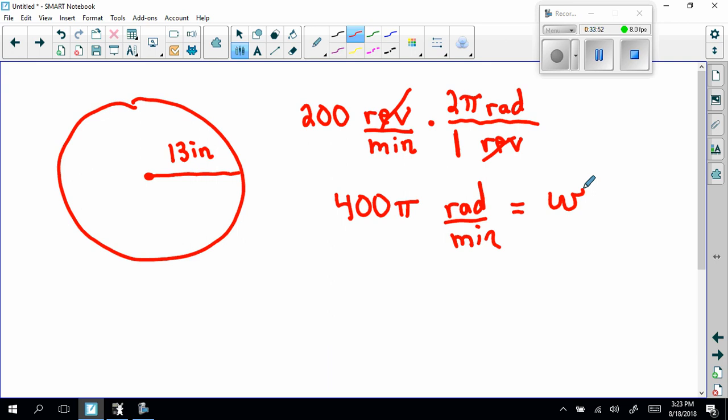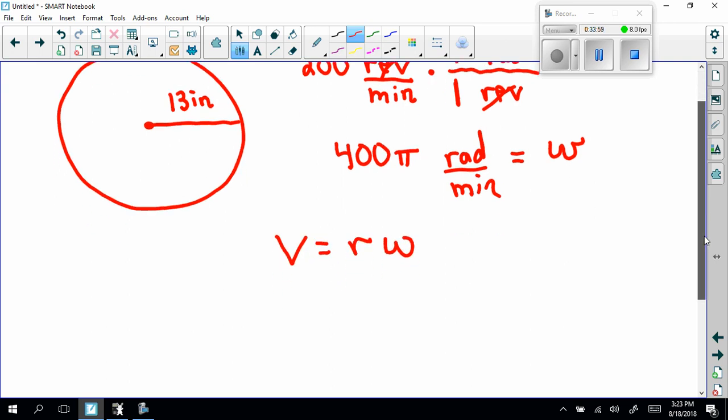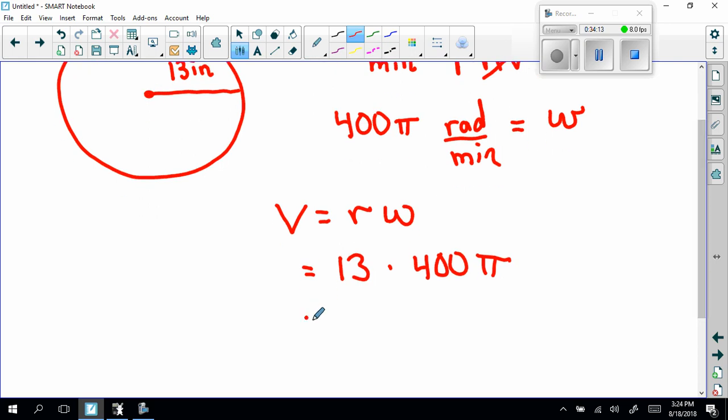So I got this new formula. It is V equals R omega. So V equals 13 times 400 pi. Now, if you're paying close attention to the units, it's inches radians per minute.